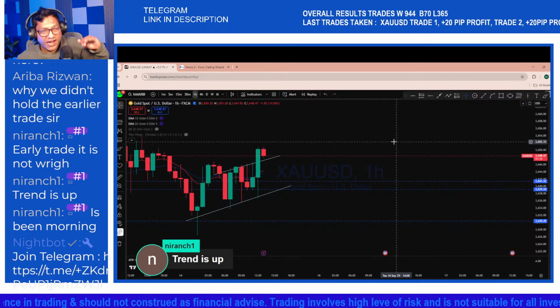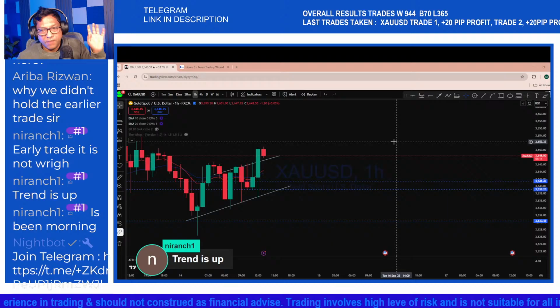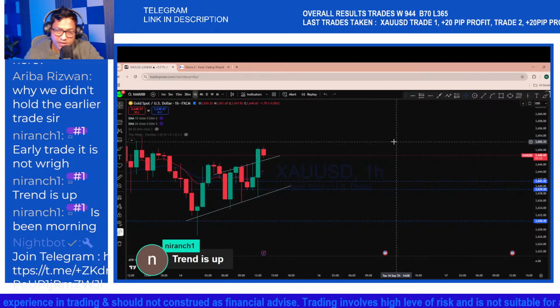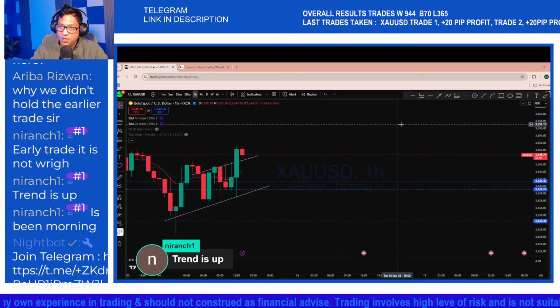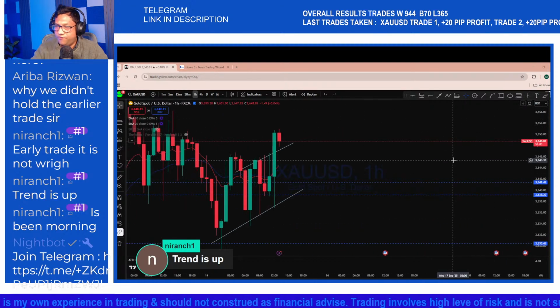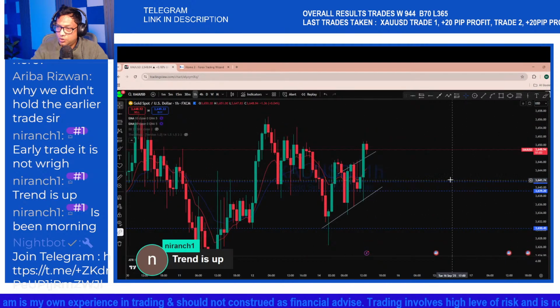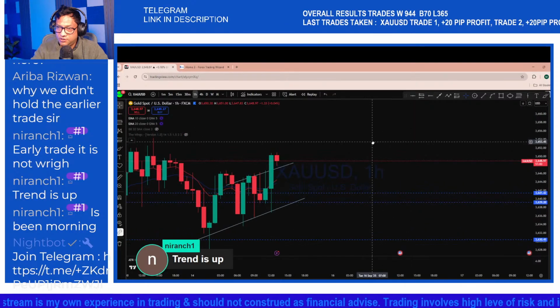Though you cannot backtest all of them, once you have an understanding of how the market is doing, it becomes much easier for you to find those trades.